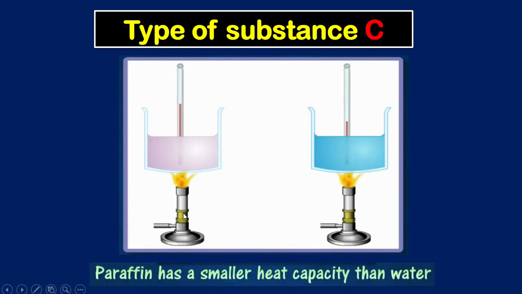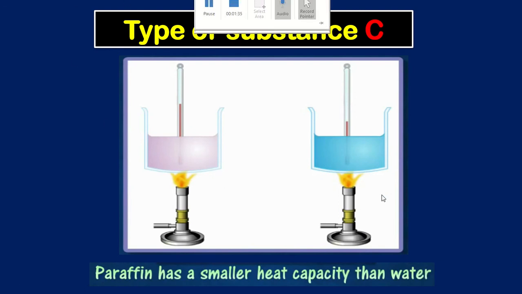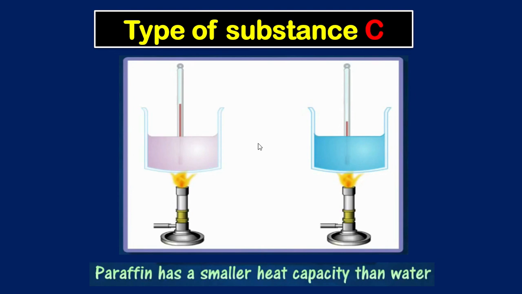By adding a source of heat such as the flame here, the change in temperature of paraffin will be higher than that of water, according to the specific heat capacity found in water, which is higher, giving a smaller heat capacity for paraffin than that of water. Okay, this is the first factor.